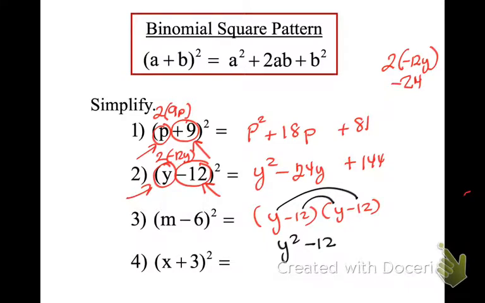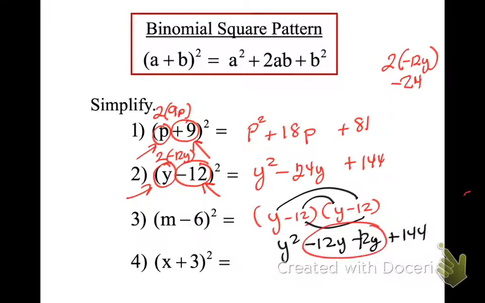Then I get a minus 12y. Okay, and then we square the last ones, right? We get plus 144. Now, do you understand why that middle term, I'm multiplying both terms and then doubling it?